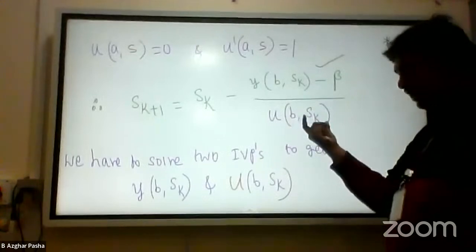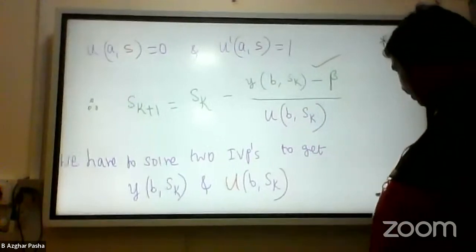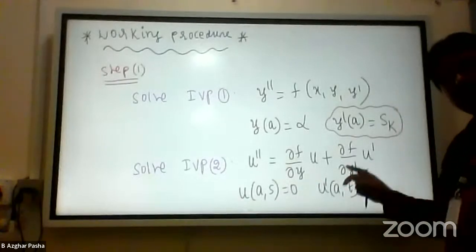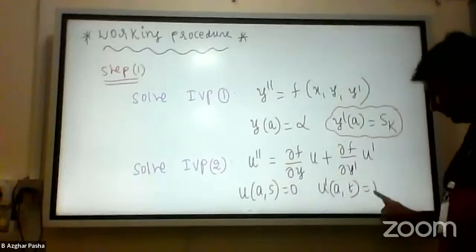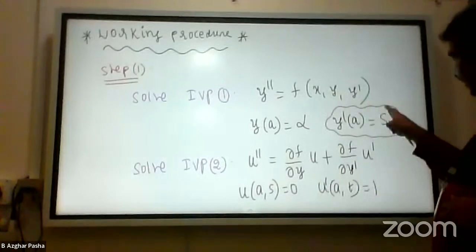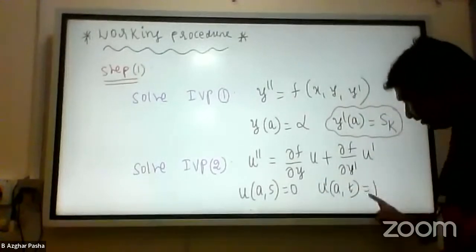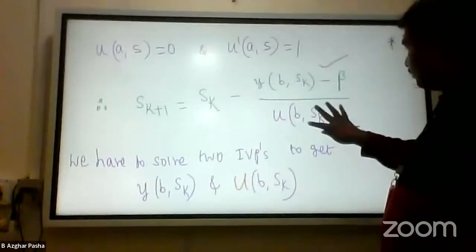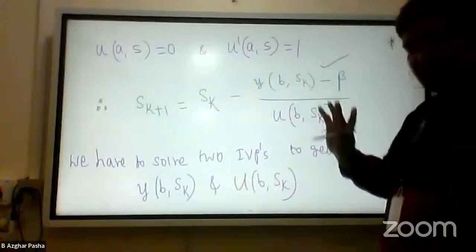So for the denominator, I have constructed one initial value problem for which the initial conditions I know. So I am going to get a definite value for u. This is not unknown. In the previous case, the initial condition is unknown, but here initial conditions are known. So I can find u. So this is known, this is known. I can get s_{k+1}.